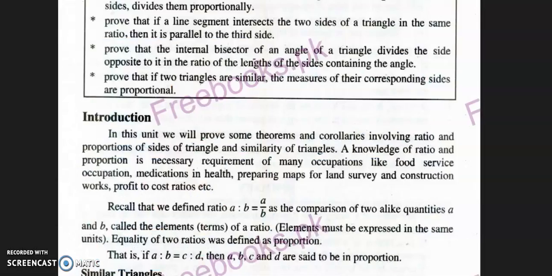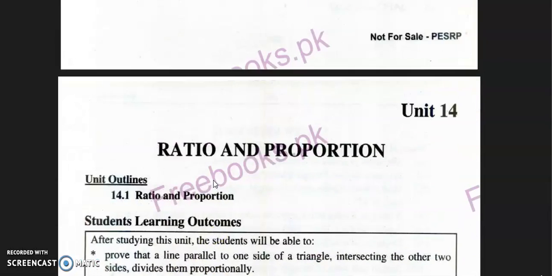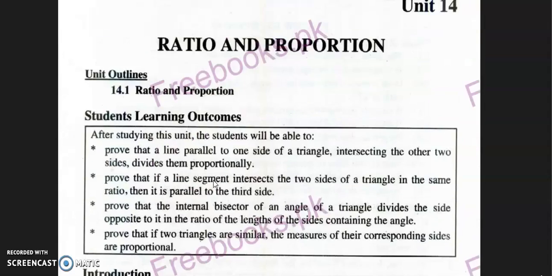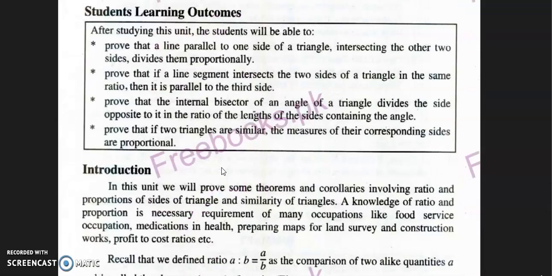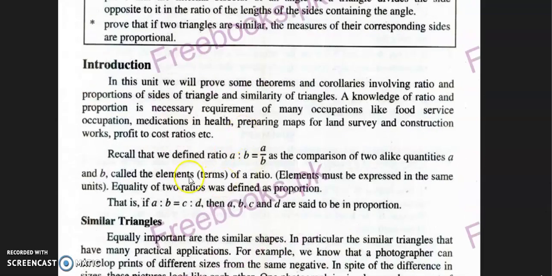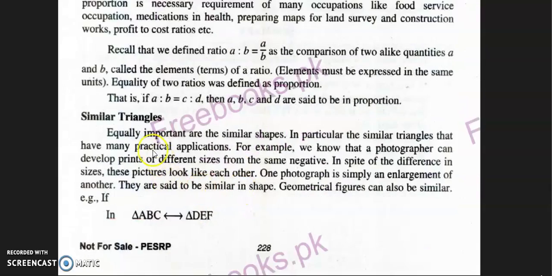Now moving on. This is your unit number 14, ratio and proportion, and we have discussed almost all the terminologies that are given in your unit. Ratio, we have defined it again, and proportion, then similar triangles, all the concepts are the same that we have discussed.